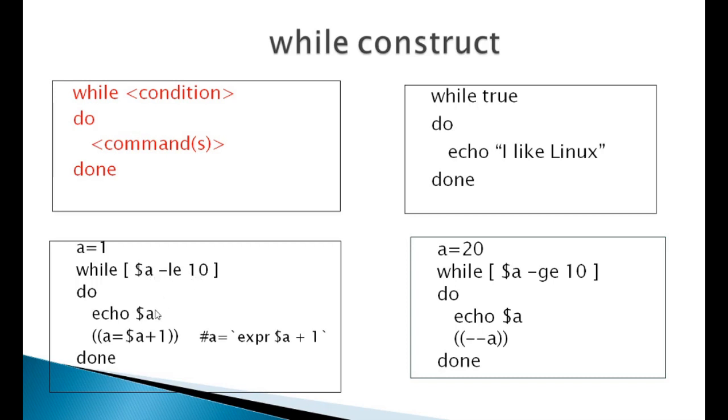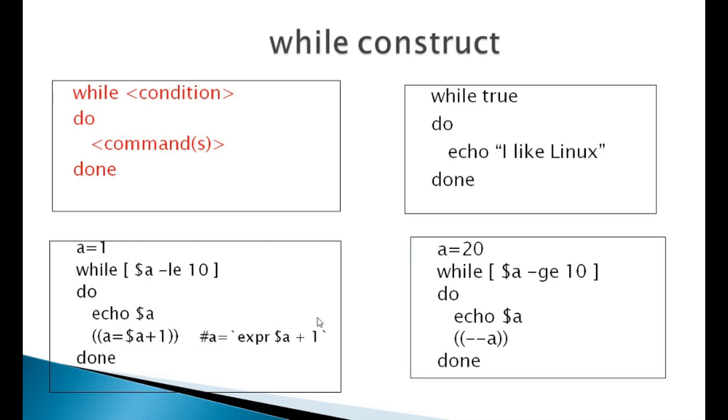So a value will be printed. That means 1 will be printed. A is incremented. The condition will be checked. It will be printed. It will be incremented, and it will be repeatedly done till a is not less than or equal to 10. That means when a becomes 11, the control will come out of the loop. Till then, these two statements will be repeatedly executed.